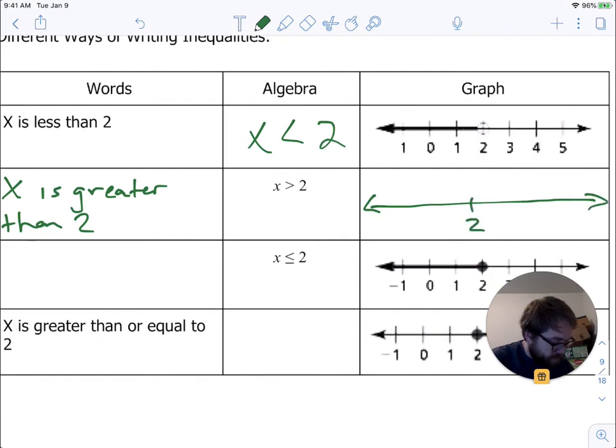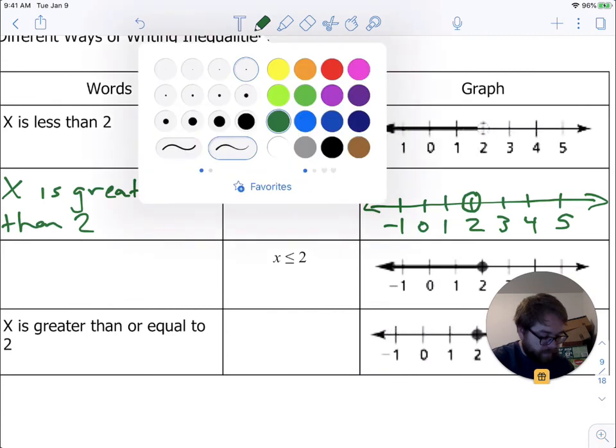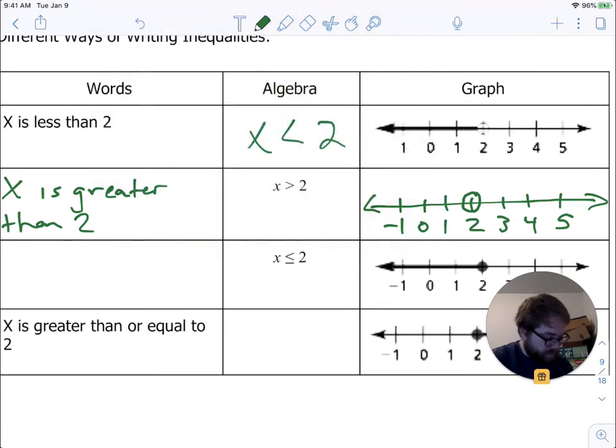I can put 2 in the middle, 3, 4, 5, just copying from the number line above. And then x is greater than 2, so it's an open circle at 2, but then I have an arrow going to the right. So that's what x is greater than 2 looks like on the graph.